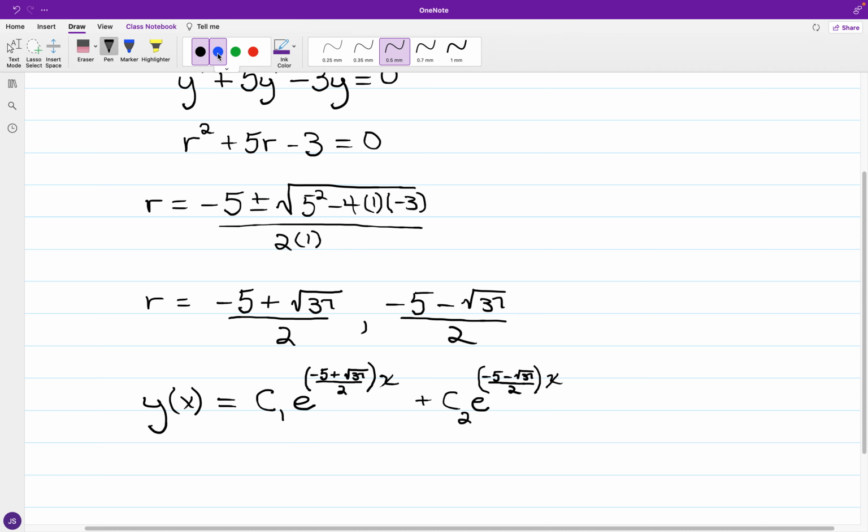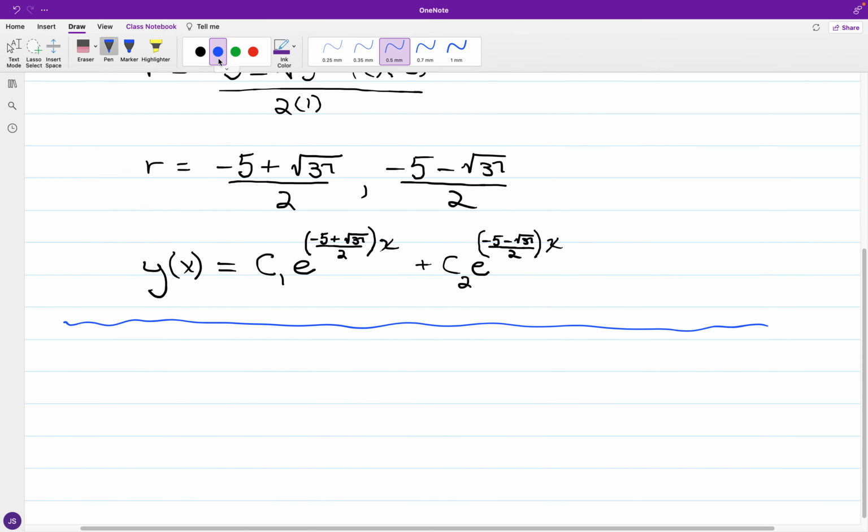Now, for the case of complex roots, I'm going to give you something referred to as the Euler formula or the Euler equation, which ties in complex numbers.